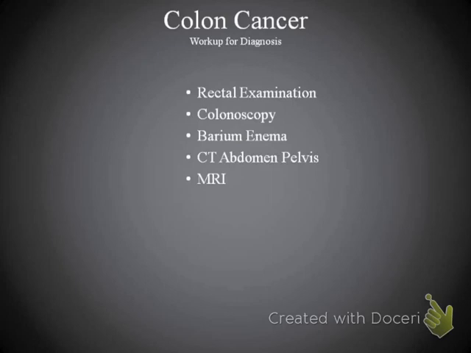Many times physicians order the CT abdomen pelvis with rectal contrast, which is carried out in much the same fashion as the barium enema, except that many times barium is not used. It is water-soluble contrast in case of perforation, and allows you to really demonstrate the lower portion of the patient's colon very adequately.